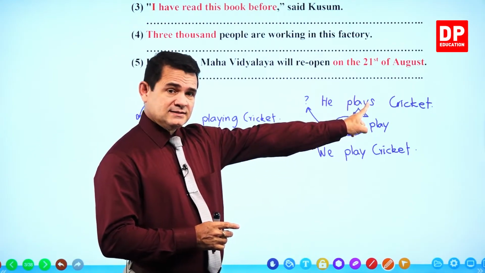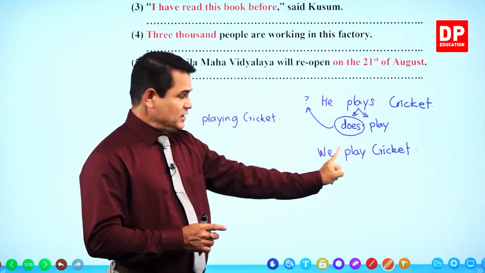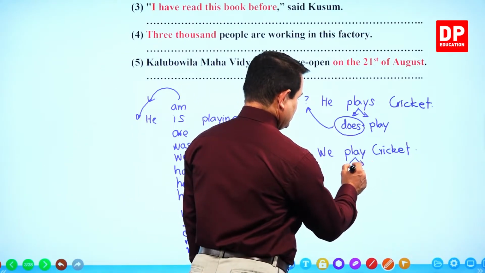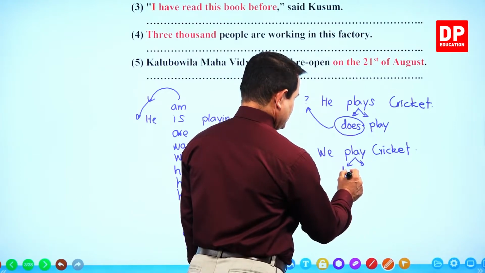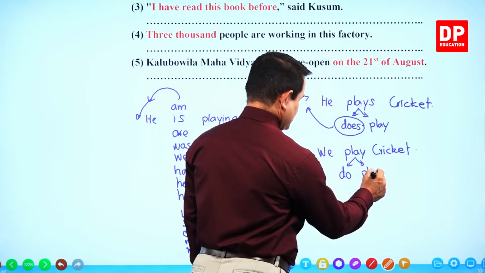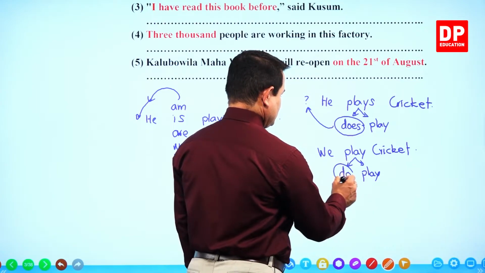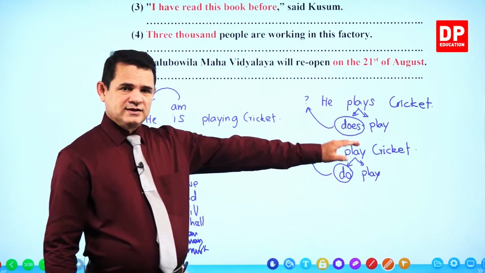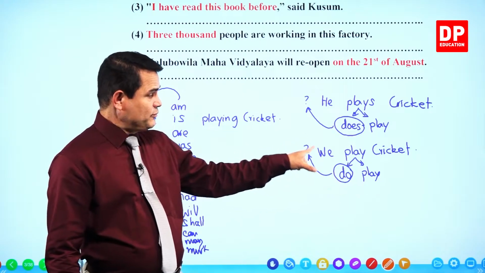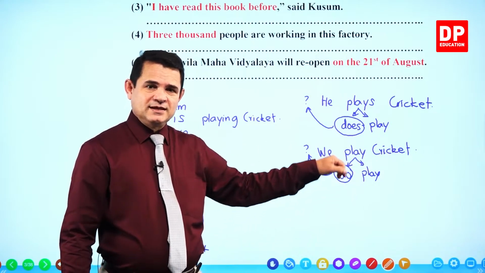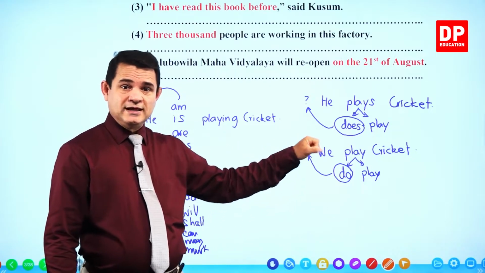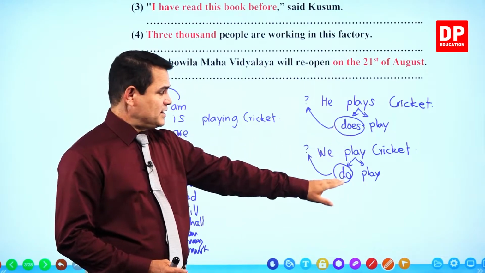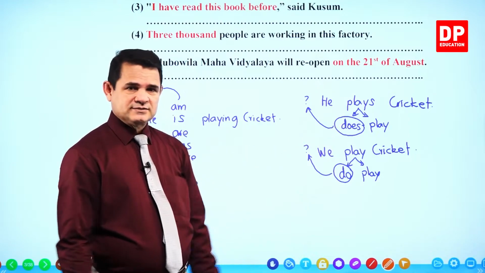Here it is plays, singular මෙතන, plural we. So if it is plural, remember you take the word do and play. To form the question, you take this one here. We play cricket. Question එක, do we play cricket? They play volleyball. Do they play volleyball? Very simple. If it is plural, do, singular and does.